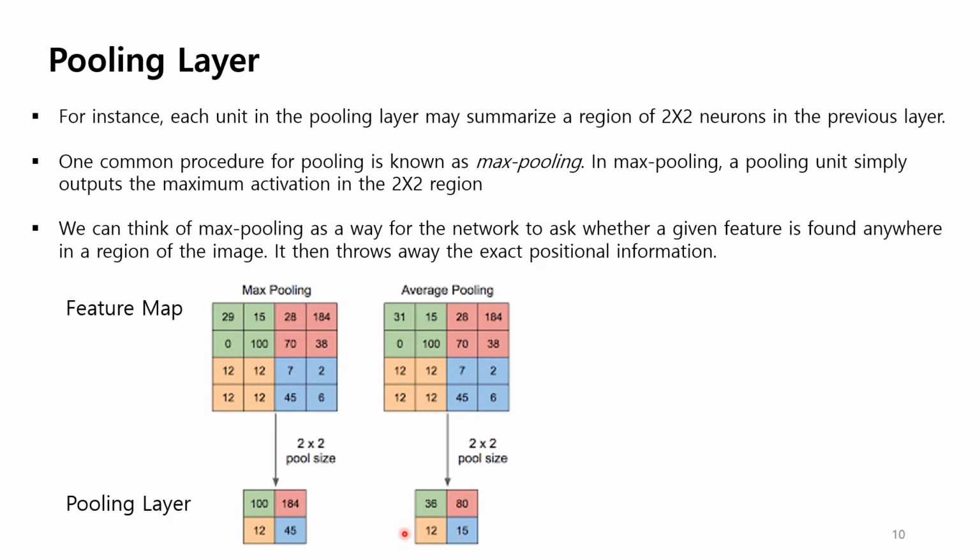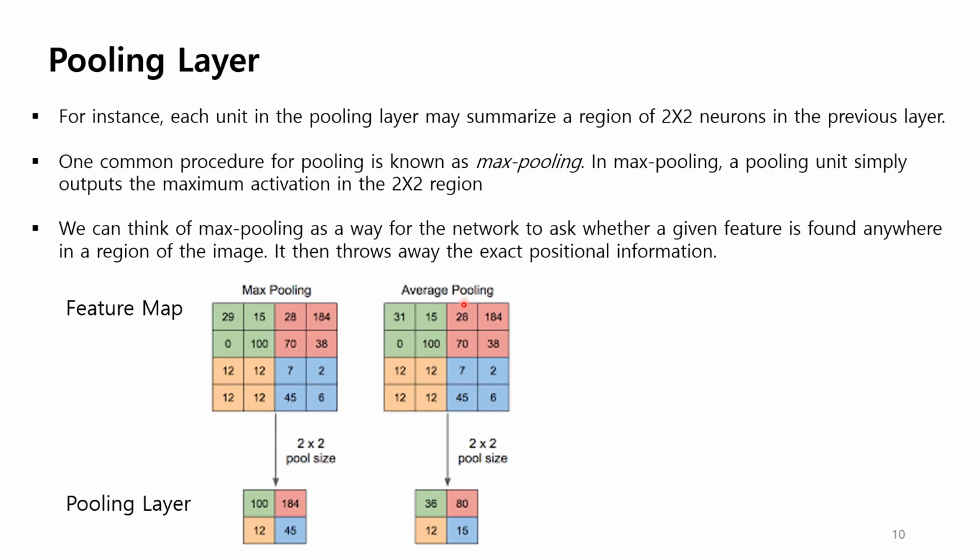Okay. So anyway, the pooling layer is about reducing the dimension of the feature map. In this case, the original feature map is 4x4. Now in the pooling layer, you're gonna reduce it to 2x2, right? So when you summarize, you can use either max pooling or average pooling.